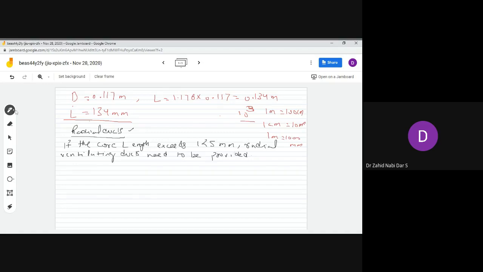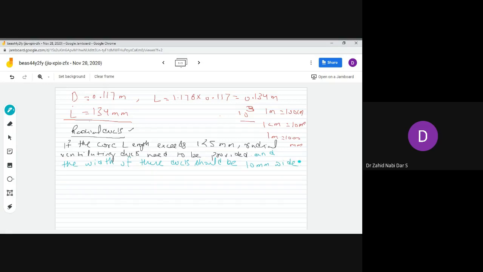And one more important factor here is the width of these ducts, which should be around 10 millimeter wide.